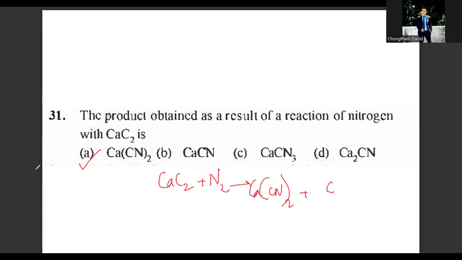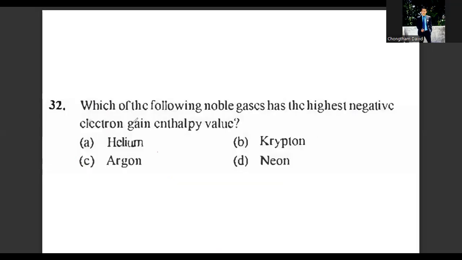Question 32. Which of the following noble gases has the highest negative electron gain enthalpy? Remember, electron gain enthalpy for noble gases is positive, and it becomes less positive with the increase in the size of the atom down the group.